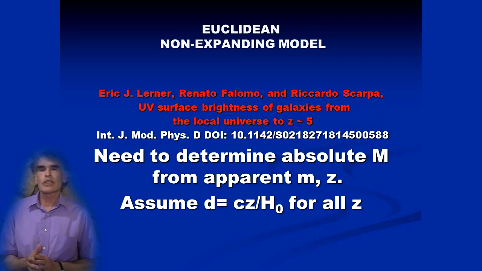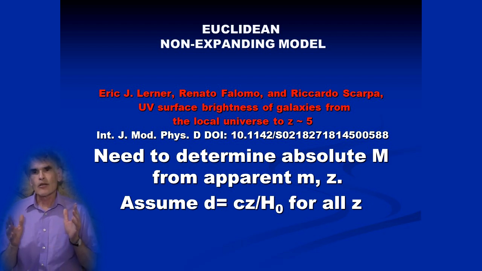What we did in the work that we published last year is we took near and far galaxies and compared their surface brightness. To do that, we had to determine their absolute luminosity, so we could be looking at similar galaxies near and far.